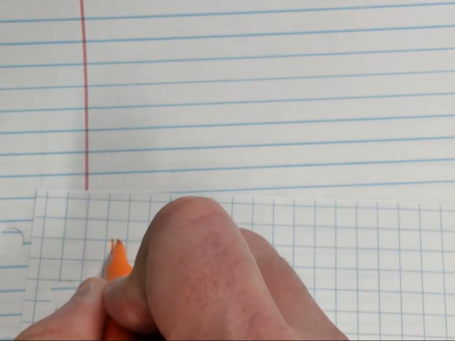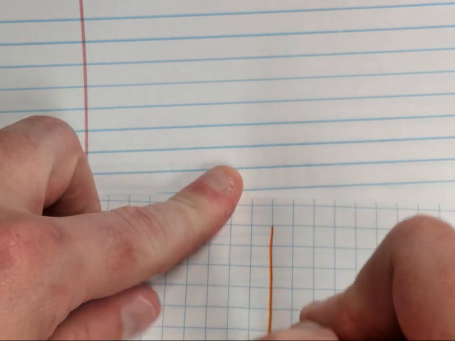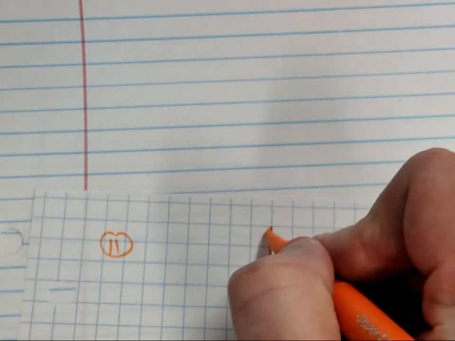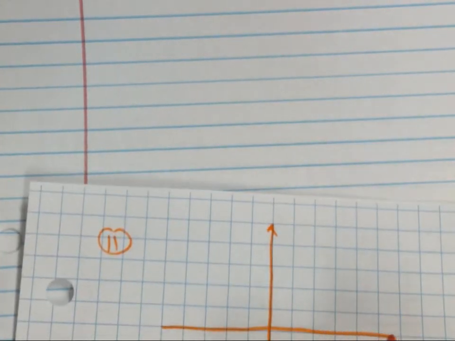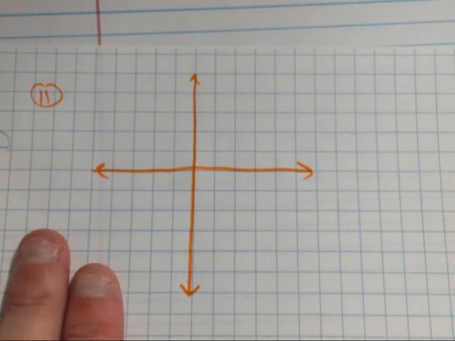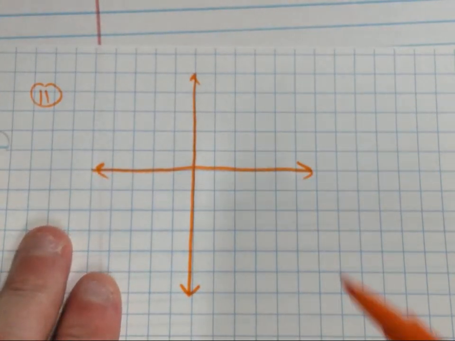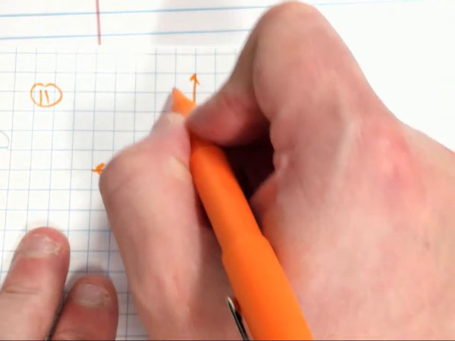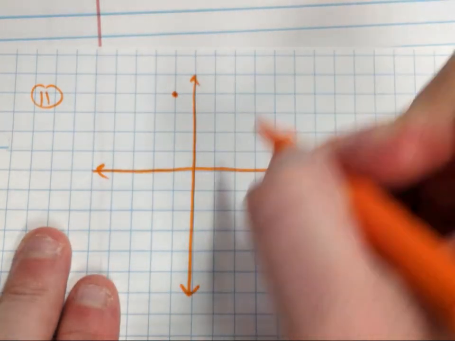Let's look at number 11. It says center is at negative 1, 4. So you need to draw a picture. On number 11, the center is at negative 1, 4. 1, 2, 3, 4. That's the center. It's tangent to x equals 3.